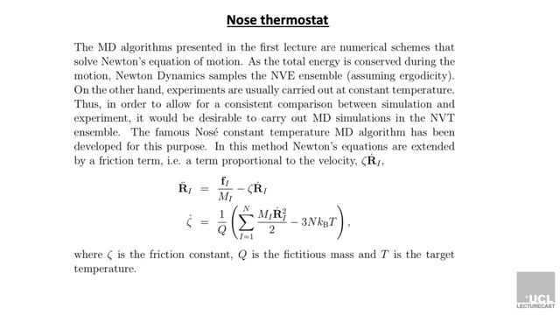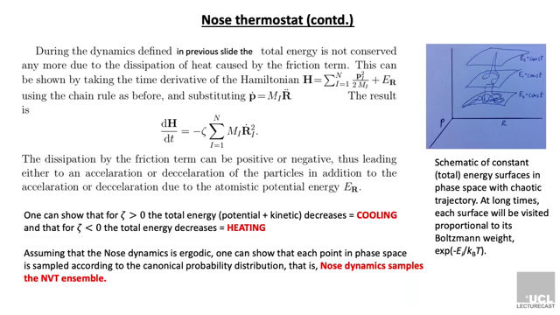Since you have a friction term here, the total energy E of the system is no longer constant. How do we show that the total energy is no longer conserved?